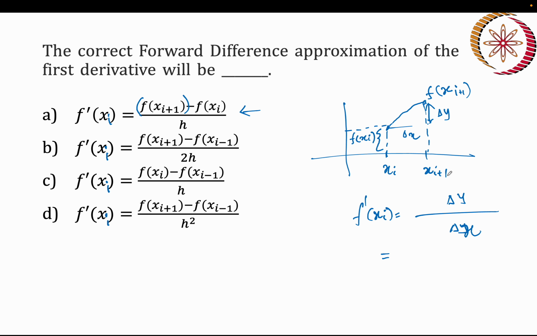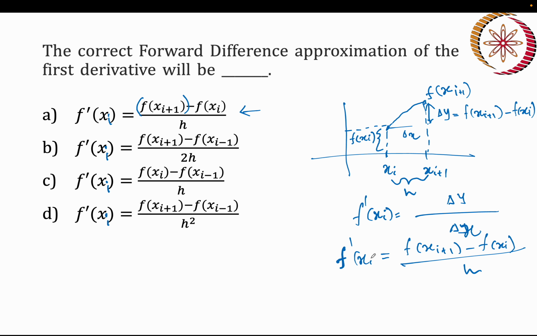So delta y is f of xi plus 1 minus f of xi. And delta x, let's say this distance is h. So f dash of xi is correctly given by this first expression A. Okay, so we'll go to the next question.